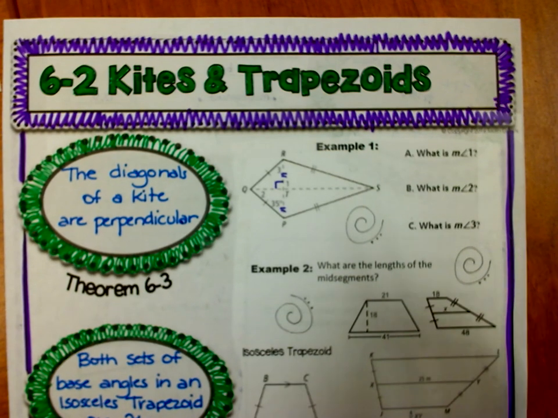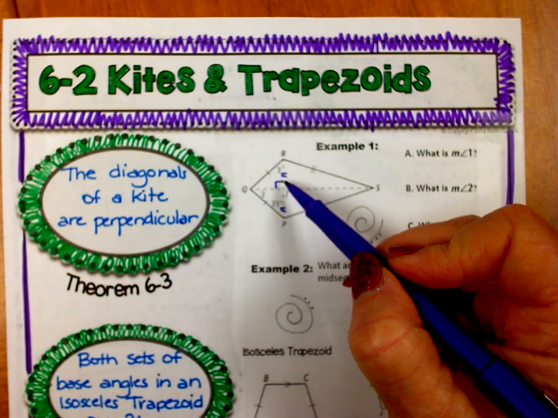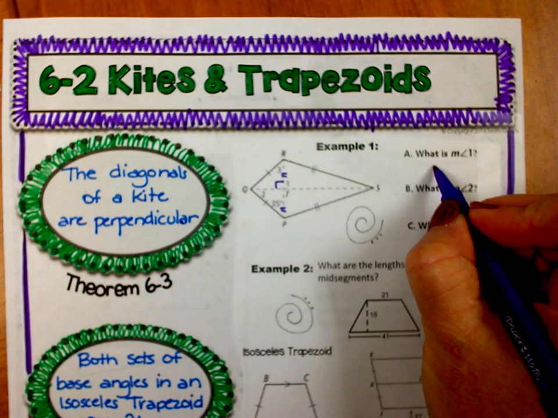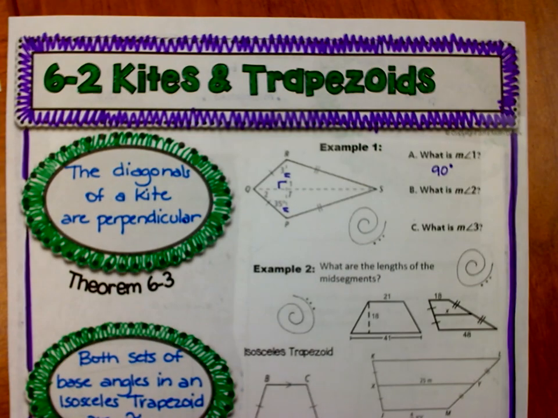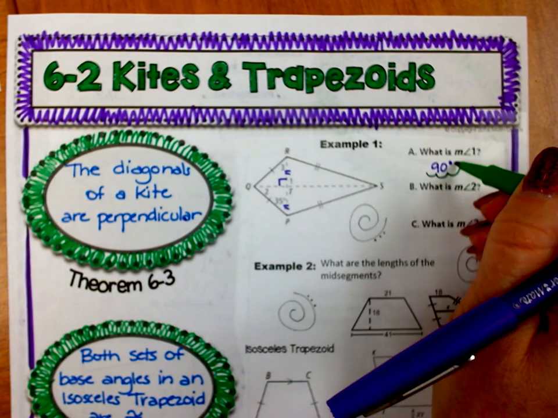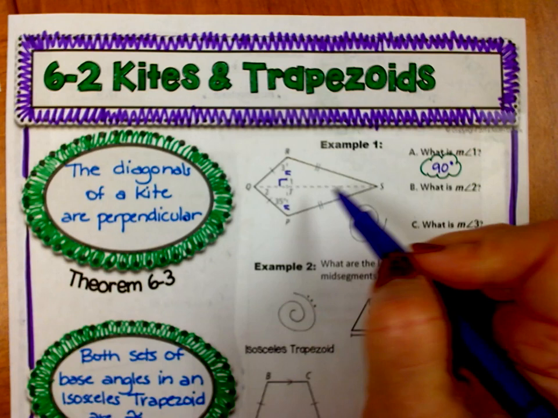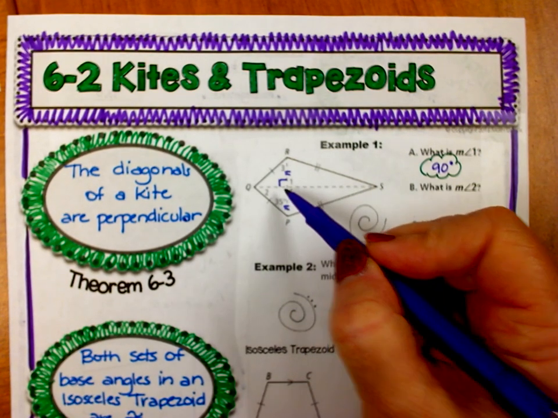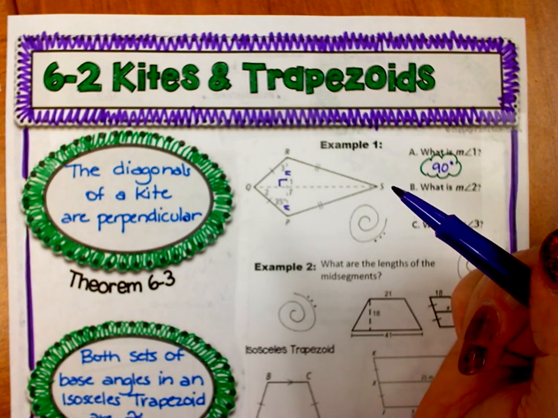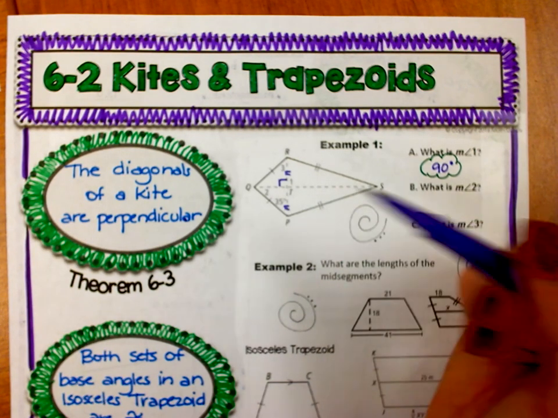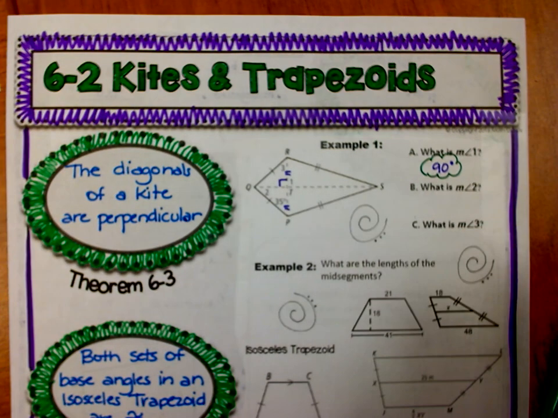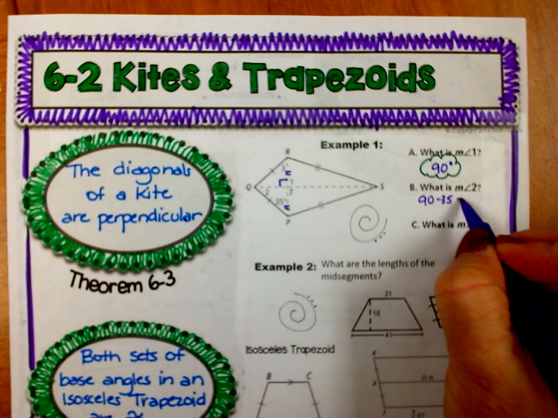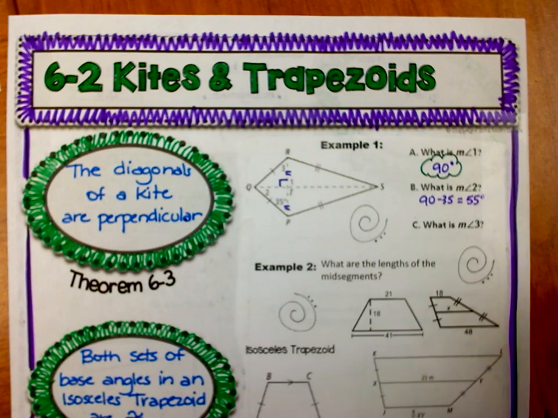So what is the measure of angle 1? All 4 of these are going to be right angles. So that means the measure of angle 1 is 90 degrees. What is the measure of angle 2? Well, since this is a right triangle, and 90 plus 35 from 180 is going to give us angle 2, then we can go ahead and subtract 35 from 90, and that's going to leave us with 55 degrees.